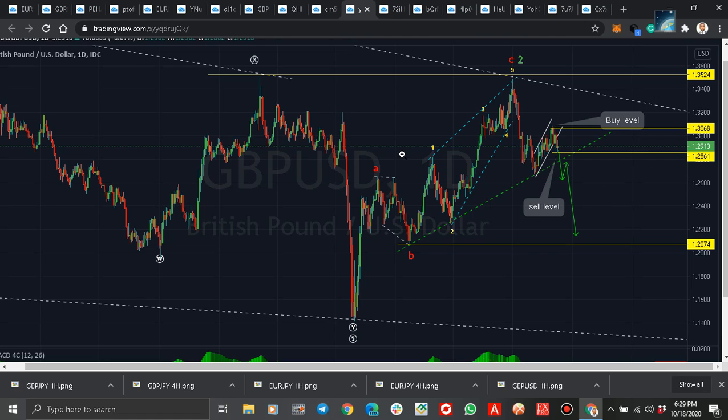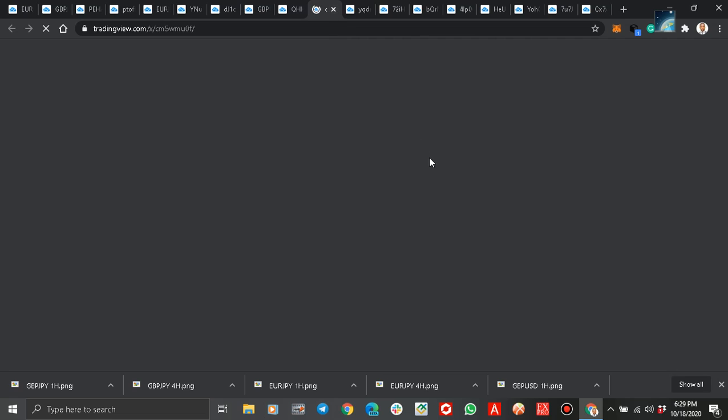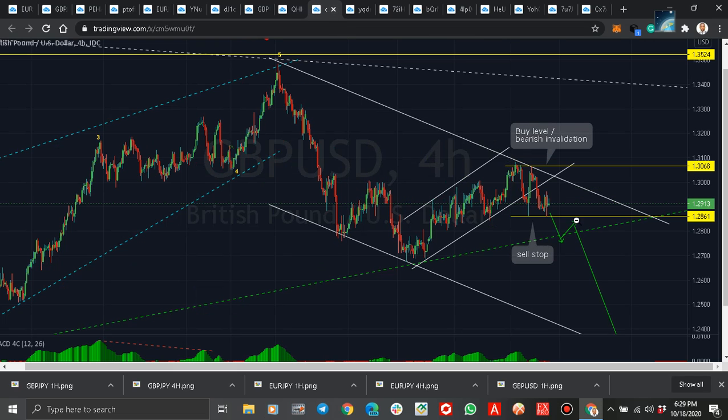So let's go to 4 hours. On 4 hours, you can see I labeled it. You can see this is a channel, and it has broken. So I place a sell stop below this line. I expect to have another sharp candle to drop, then correct and keep going down.